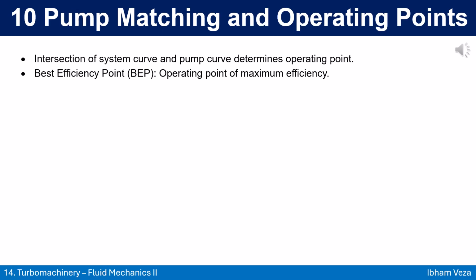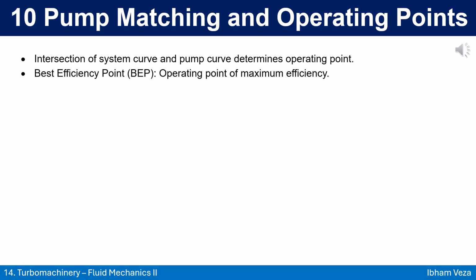10. Pump matching and operating points. Every pump operates within a system, and every system imposes its own requirements. The challenge lies in finding the exact balance where the pump's performance meets the system's demand. That point is called the operating point, and it's determined by the intersection of two curves, the pump performance curve and the system curve.